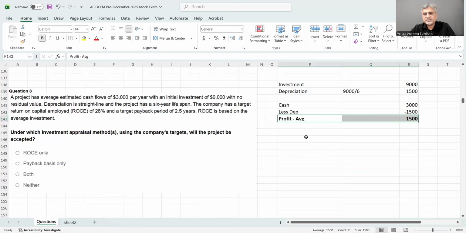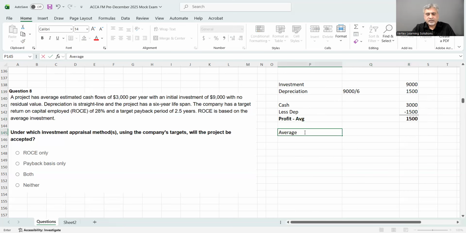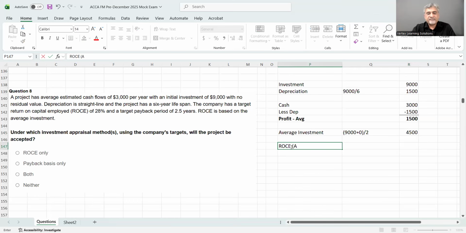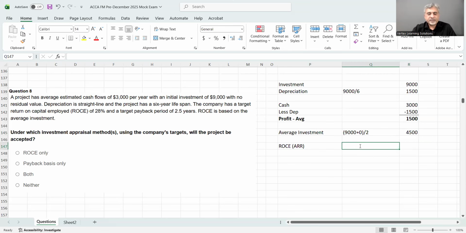Then how much is the investment? I can call it average investment. Average investment is opening investment, which is 9,000, plus closing investment, which is 0 because residual value is 0, divided by 2. So that is 4,500. My ROCE, which is based on the average investment, is average profit divided by average investment.